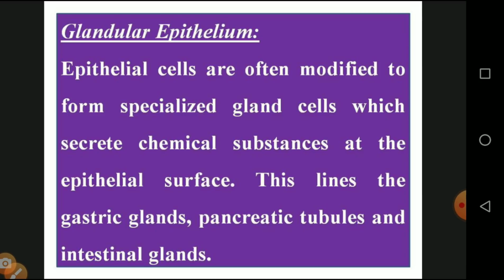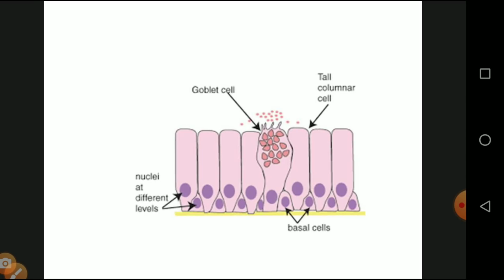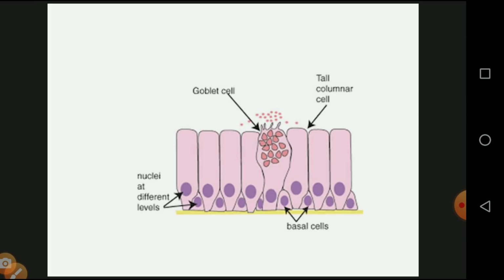So it is called glandular. Gland means a structure that secretes some type of fluid substance. The fluid substances are in the form of chemicals, enzymes, or hormones, as in the gastric gland, pancreatic tubules, and intestinal gland. Then this is the diagrammatic representation of glandular epithelium.